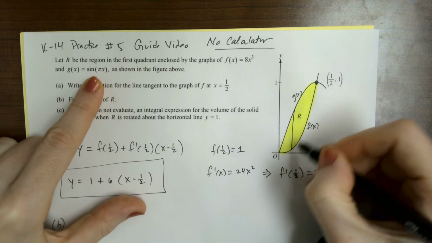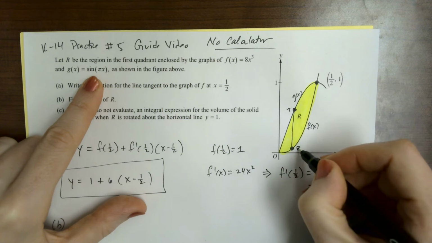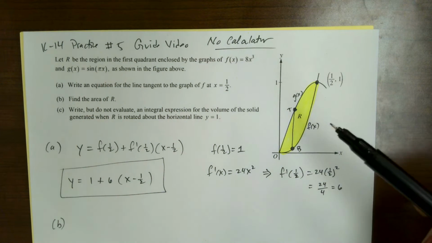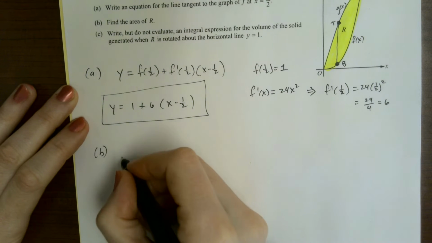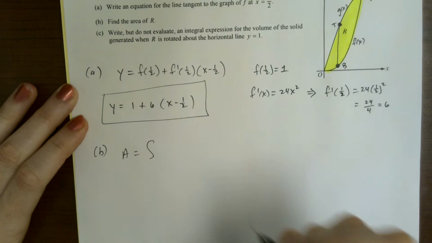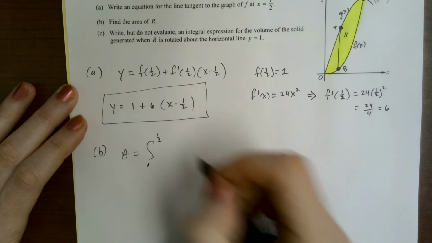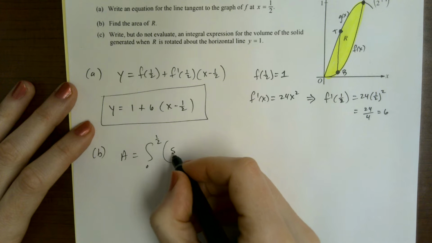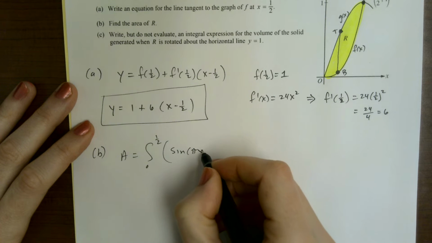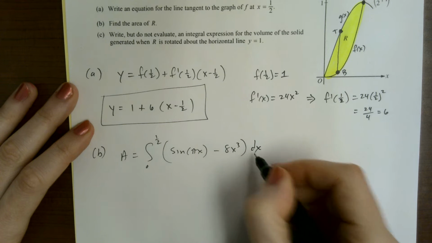So I go like this. Top, bottom. All right, so the top function is g, the bottom function is f. So the area is going to be equal to the integral from 0 to a half, top minus bottom. So the top is sine of pi x minus 8x cubed.